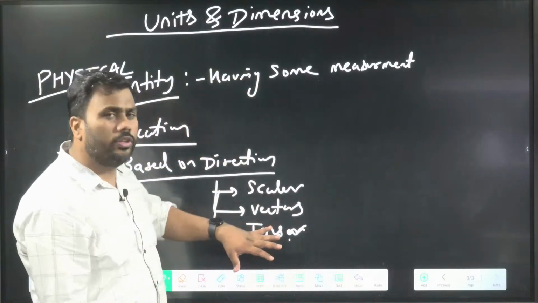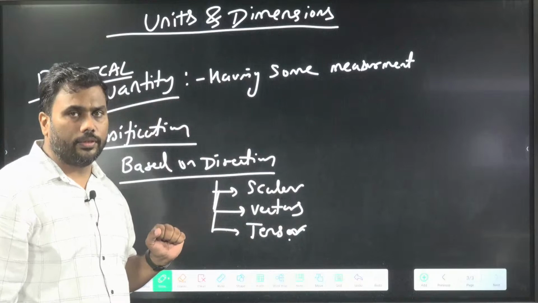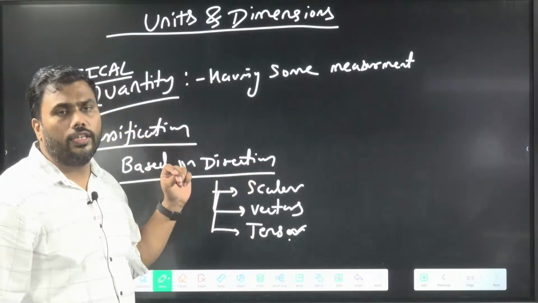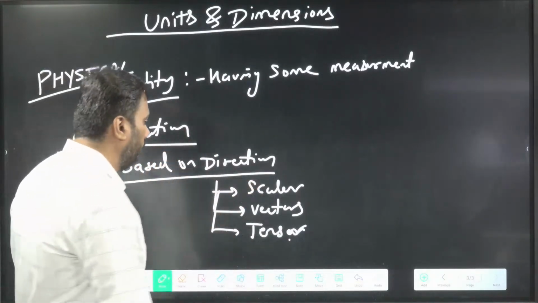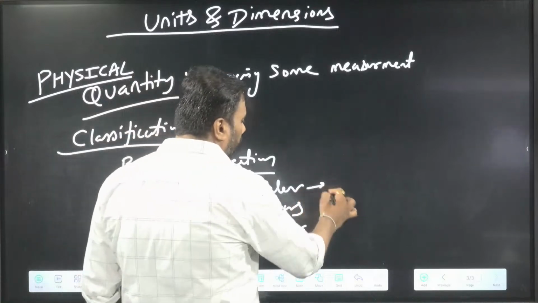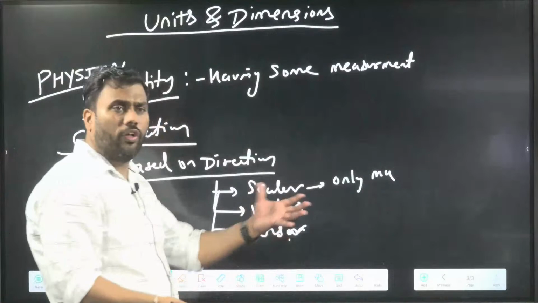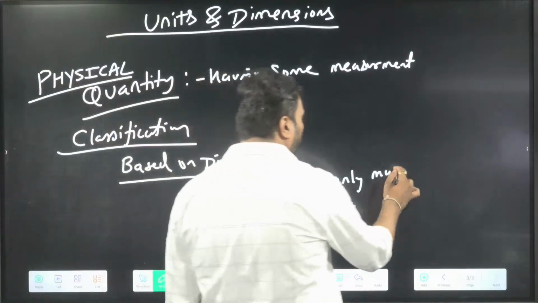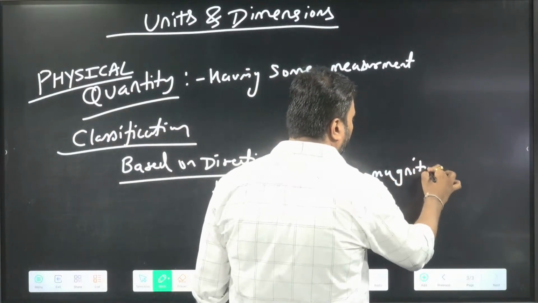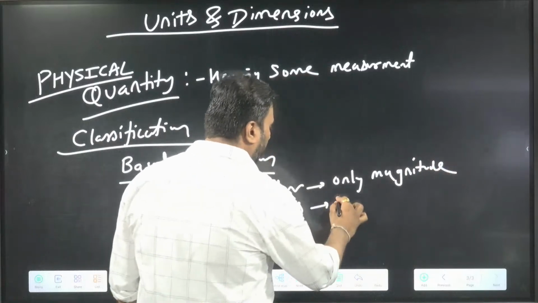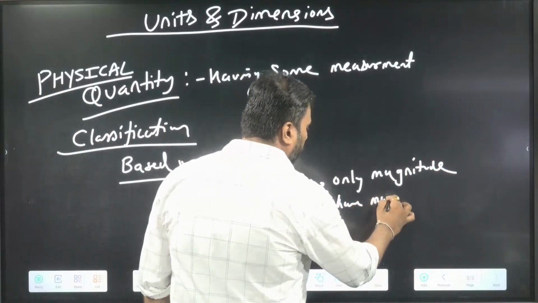We will not talk about tensor much in our syllabus. What are scalars and vectors? Scalars don't have direction, only magnitude. We have covered vectors, so we all know what is scalar. Scalar is having only magnitude. Vectors have magnitude and direction.